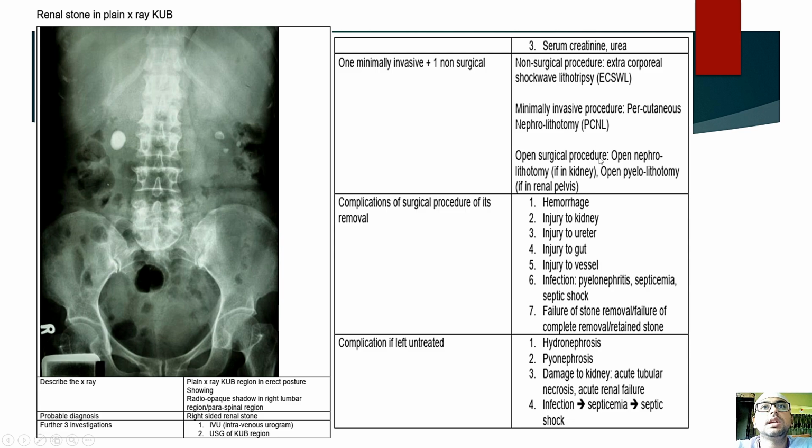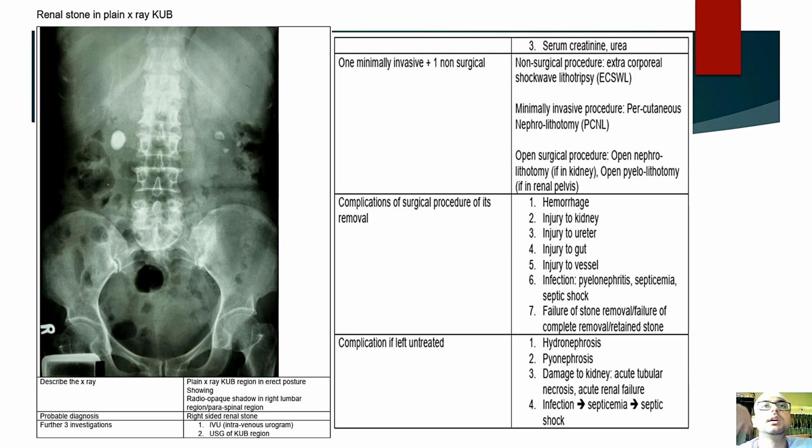And one surgical procedure, open nephrolithotomy, if the stone is more enlarged or stuck in the whole kidney, like staghorn calculi, a huge enlarged stone, and the kidney function is reduced.